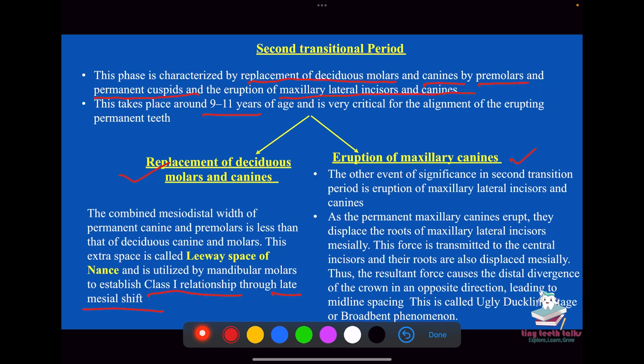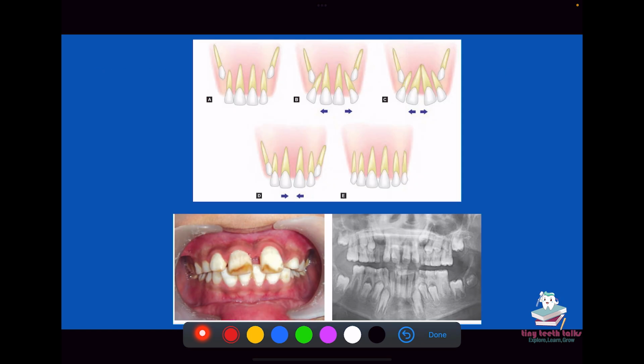Coming to the eruption of maxillary canine. The other event of significance in the second transitional period is eruption of the maxillary lateral incisor and canines. You may notice this type of dentition in a child, with a big space. Let's see how it occurred and how it is corrected.